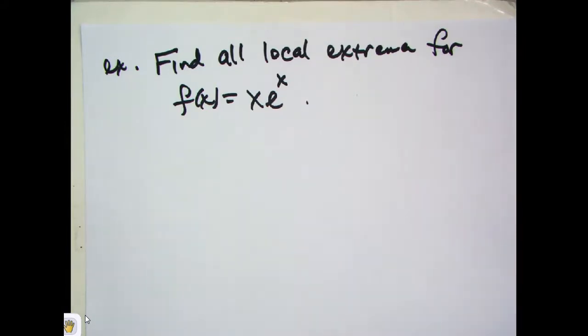So my original question to you would be, where exactly would relative extrema occur? How would f prime go from positive to negative? It would have to be what first?